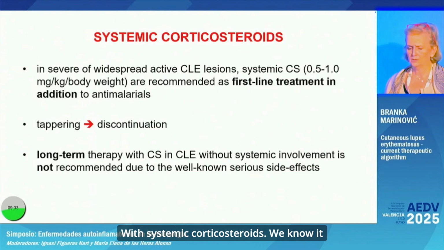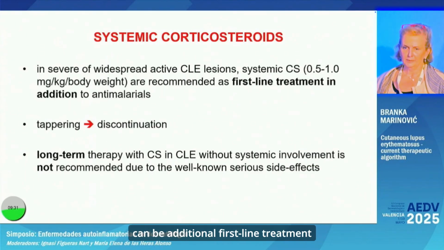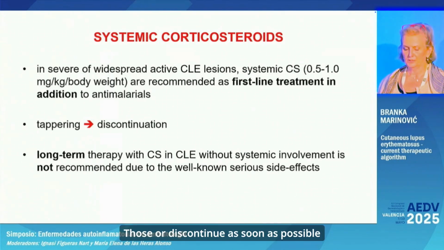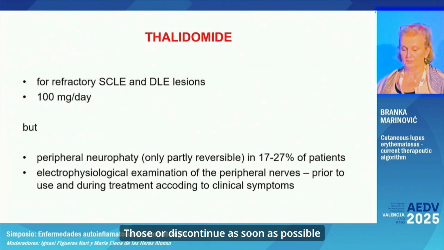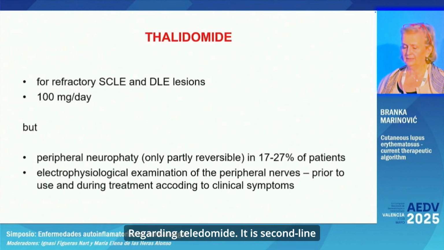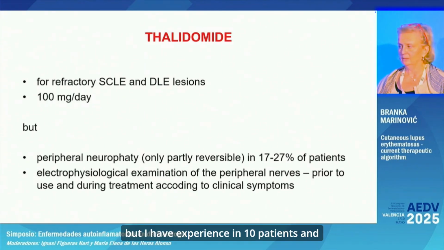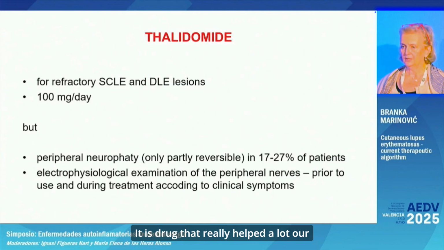With systemic corticosteroids, we know it can be an additional first-line treatment, but we try to taper the dose or discontinue as soon as possible. Regarding thalidomide, it is a second-line treatment. It is a drug that has its story, but I have experience in 10 patients, and it is a drug that really helped our patients a lot.